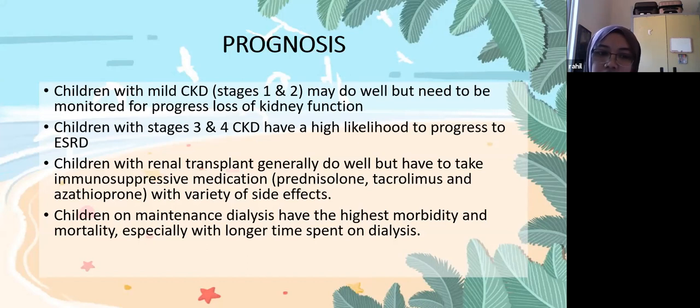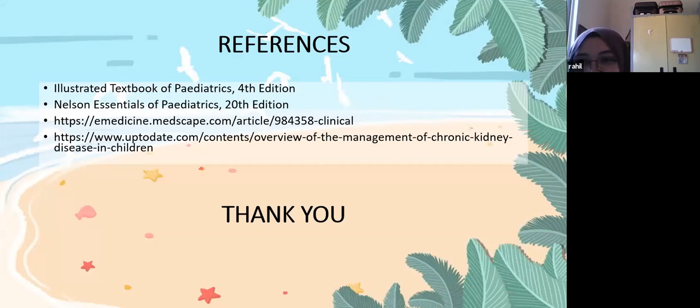For children that have undergone renal transplant, the prognosis is good, but they need to take immunosuppressive medication, which has more side effects, so we need to treat the side effects. And lastly, children on maintenance dialysis will have the highest morbidity and mortality because they have to spend their whole life on dialysis. That's all. Okay, very good.